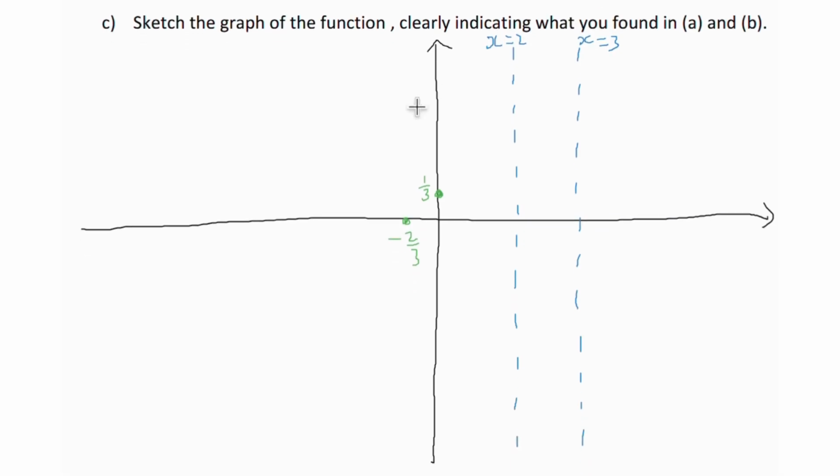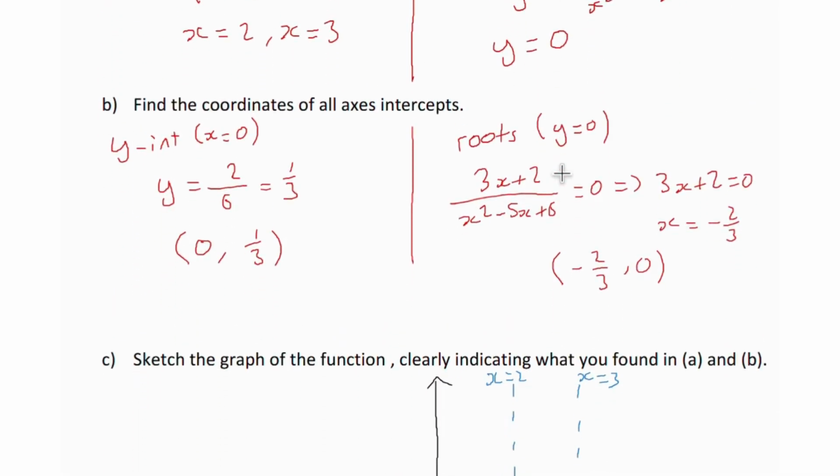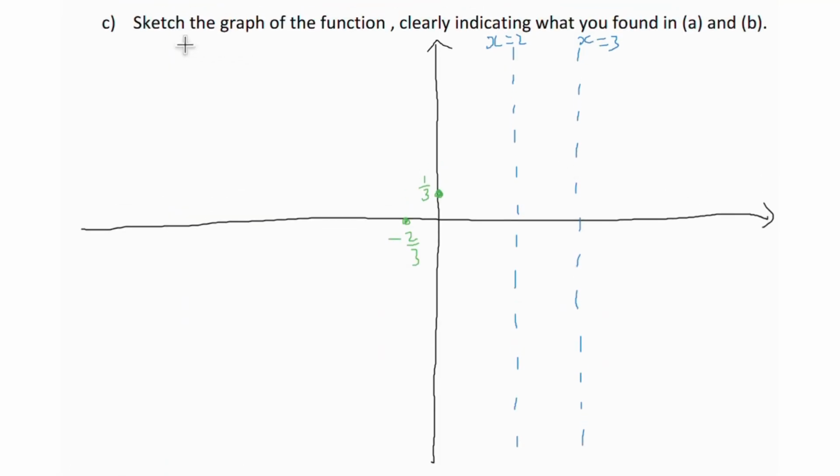Now I can start to put this together. Well, this left-hand one, we can think about what this is going to look like. But actually there's a little trick here. We're going to have to do a sign diagram, essentially. So my function originally was (3x + 2) over (x² − 5x + 6).